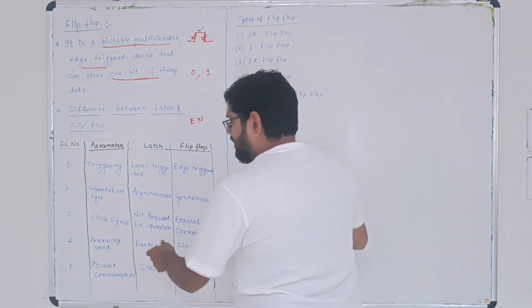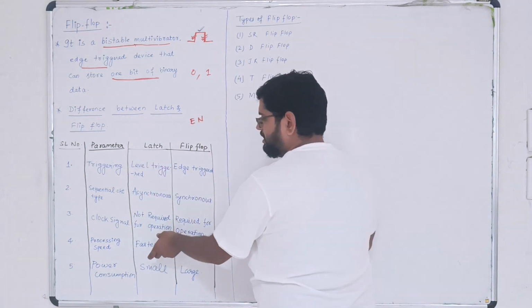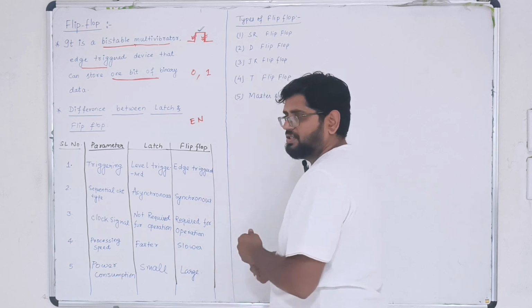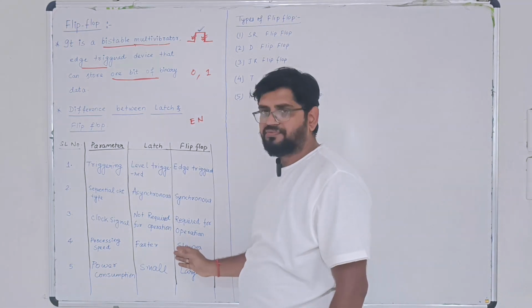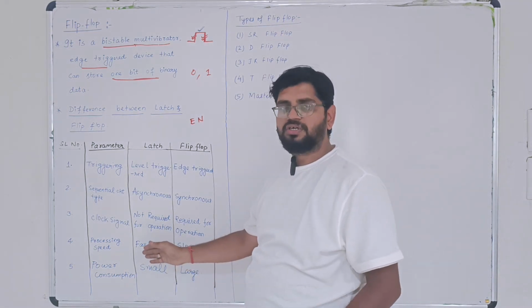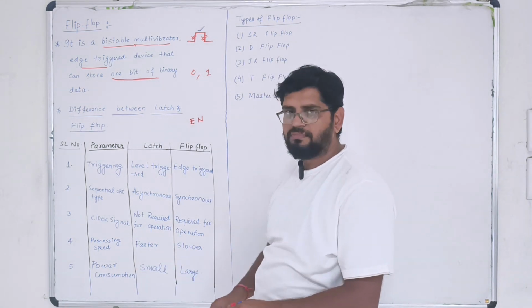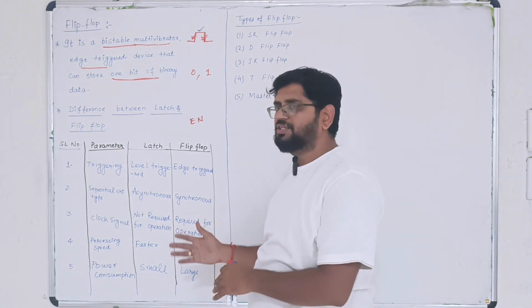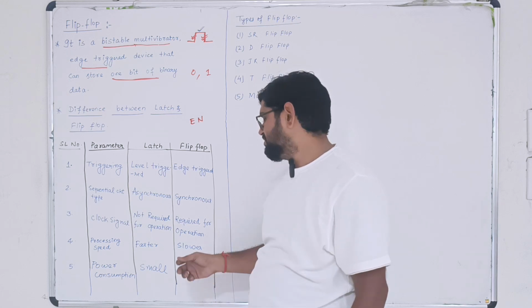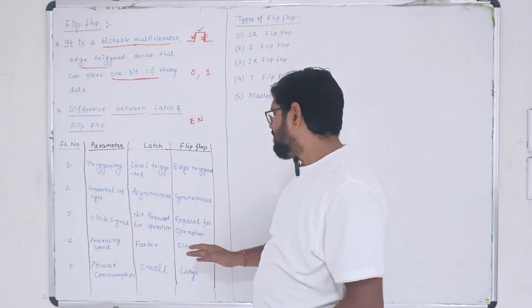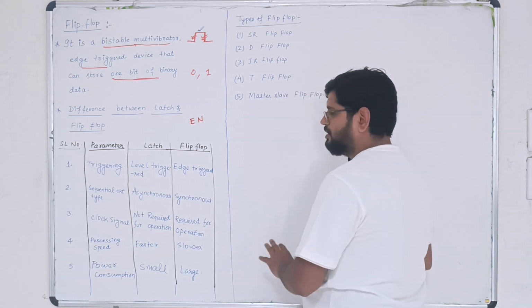Now coming to the processing speed, generally latches are faster in operation while flip-flops are slower. The reason being, we are using clock over here, we are not using clock over here. Since we are not using clock, the operation occurs directly in case of latches, but in case of flip-flop, any alteration in the state is done with the help of clock, so that requires time, and hence flip-flops are a bit slower in operation.